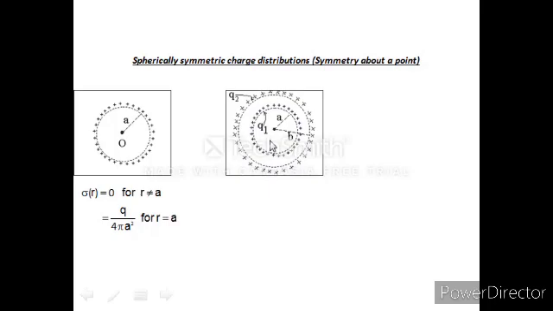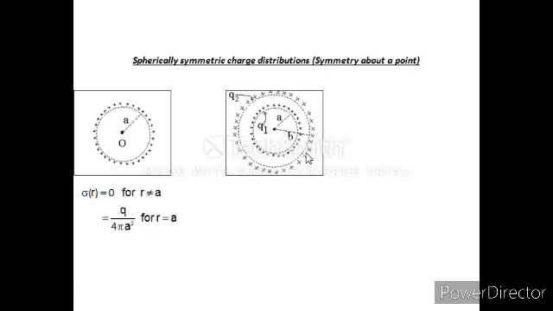Here even you can say that there are charges only when distance R is either A or B, and if distance R of any point is neither A nor B, maybe the point will be over here, so R is less than A, or over here R is in between A and B, or anywhere other than R equal to A or B, there will be zero charge density.